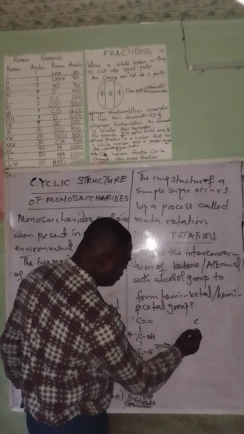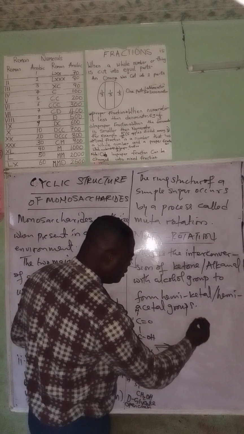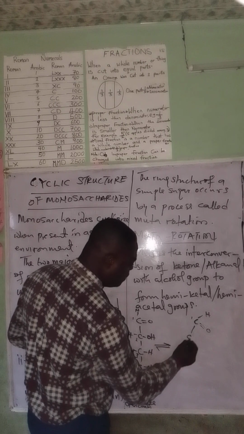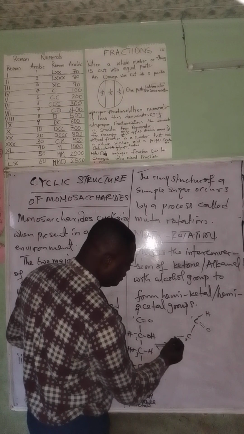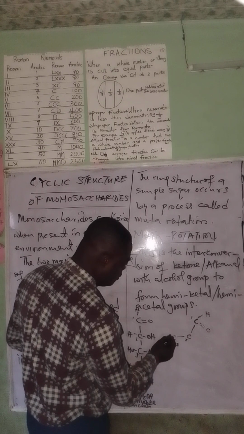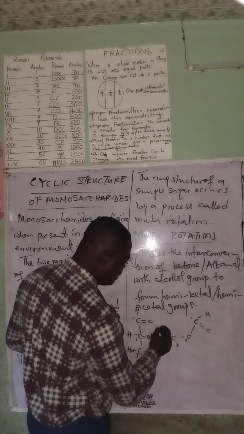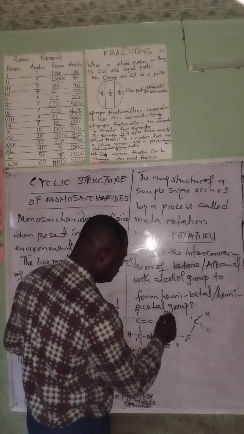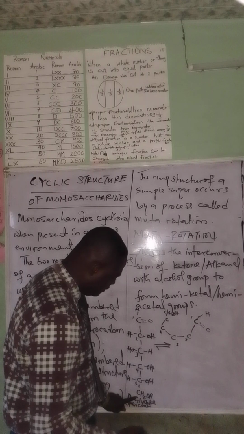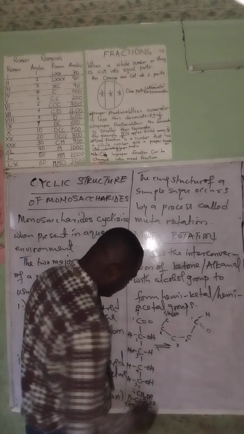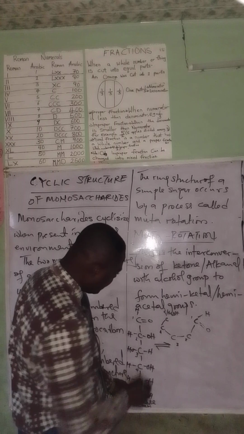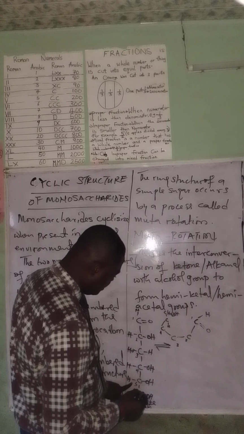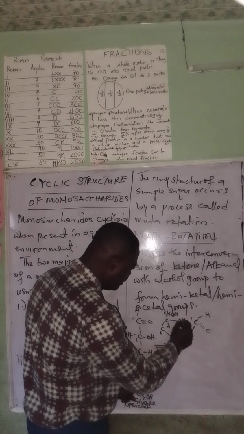So carbon number 1 bears a double bond and H. Then carbon number 2, 3, 4, 5, and then 6. Don't forget, this is the sixth one, CH2OH. And this penultimate carbon number 5 has H, which is coming down, then it has OH, which is coming like this.